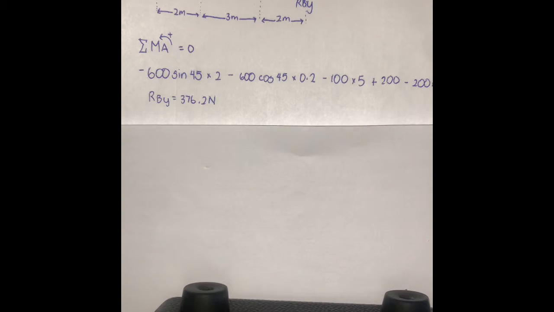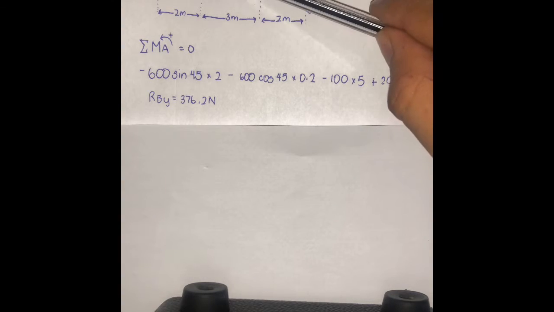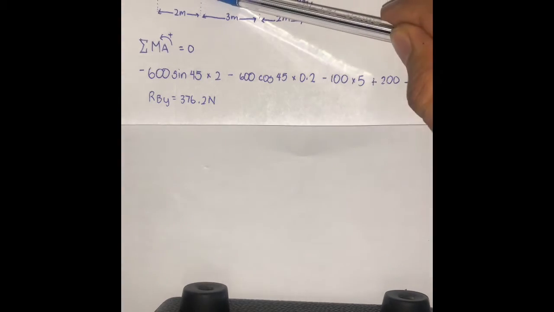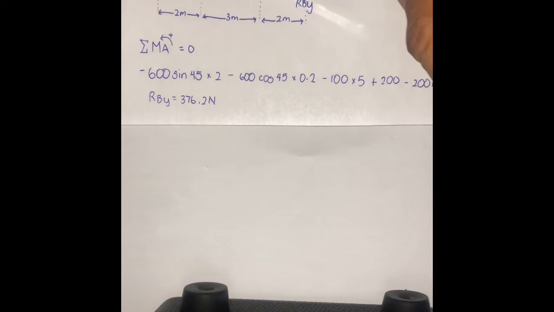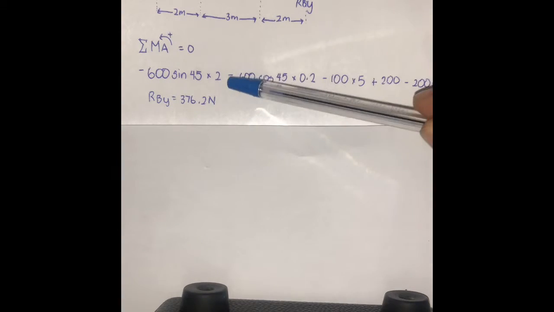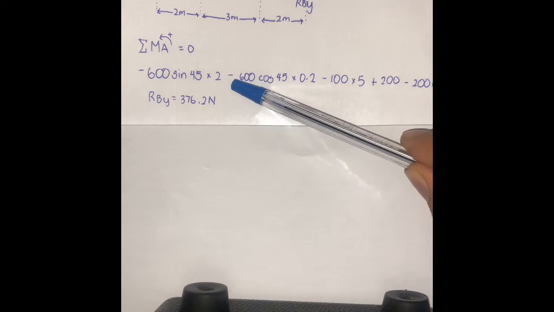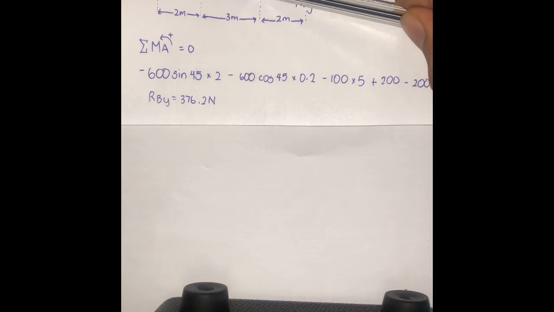So the moment in A is 600 sine 45 times 2. Now it's going in the clockwise direction, therefore negative, minus 600 cosine 45.